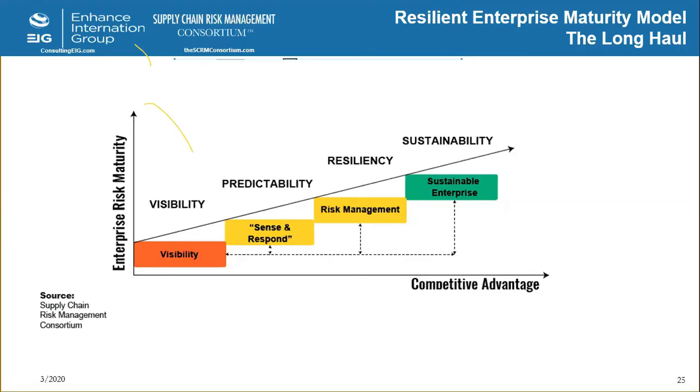That's what we mean by predictability. Third is resiliency. These are all tools, techniques, and tactics. We have hundreds of them to mitigate risk. You embed those tools, techniques, and tactics into your supply chain business.